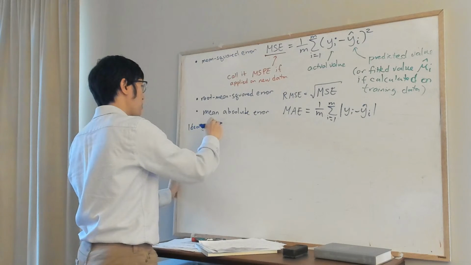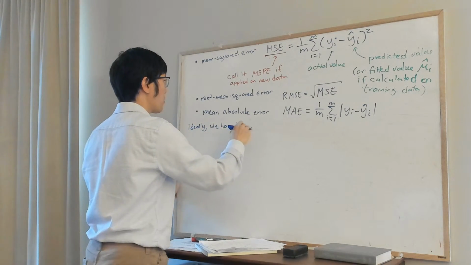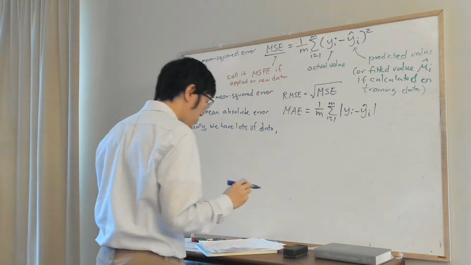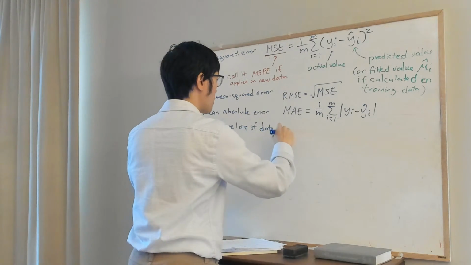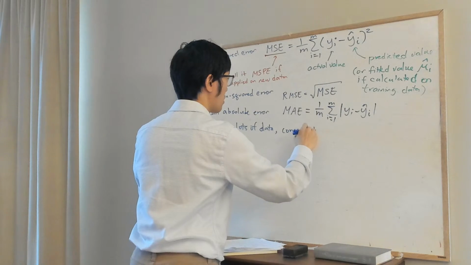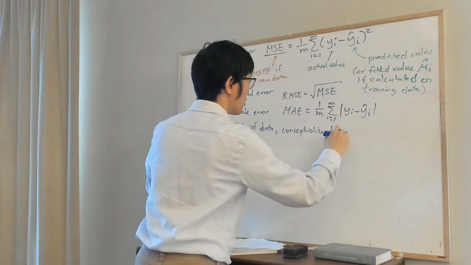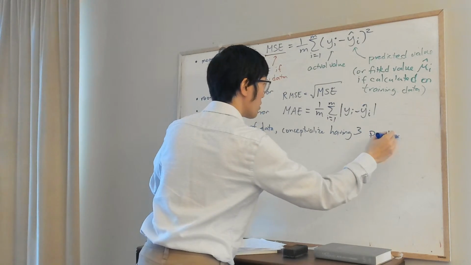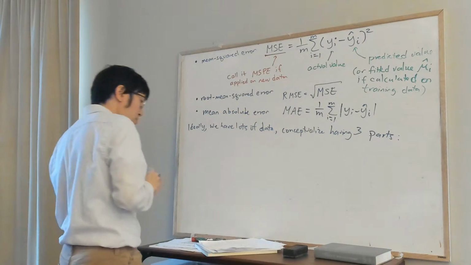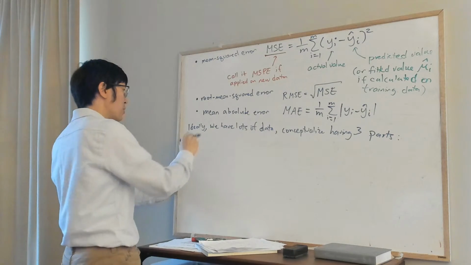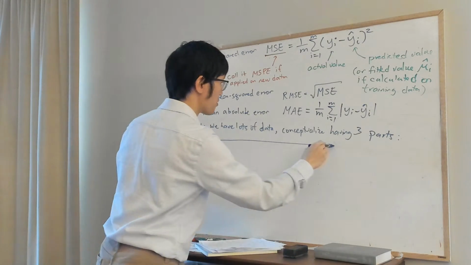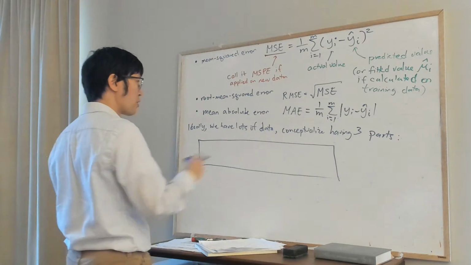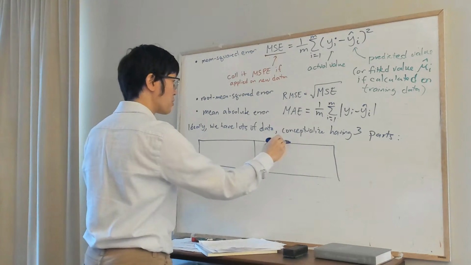So let me give you that framework, which is typical in statistical learning: divide our data set into three parts, or at least conceptualize our data as having three parts. Ideally we have lots of data, and let's say here's our data. I'm going to cut this into three pieces.